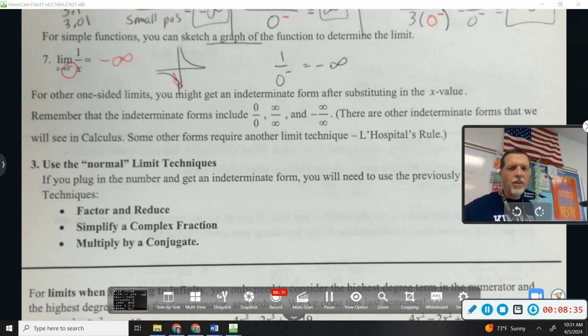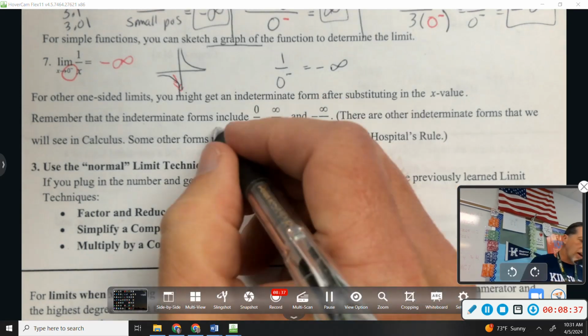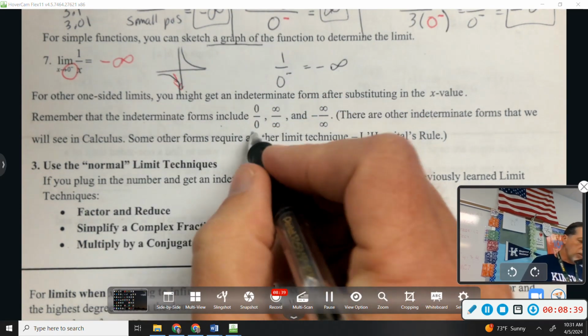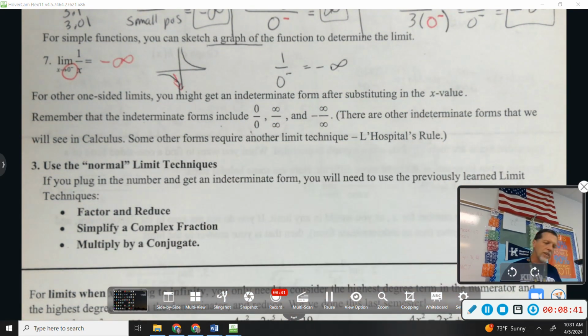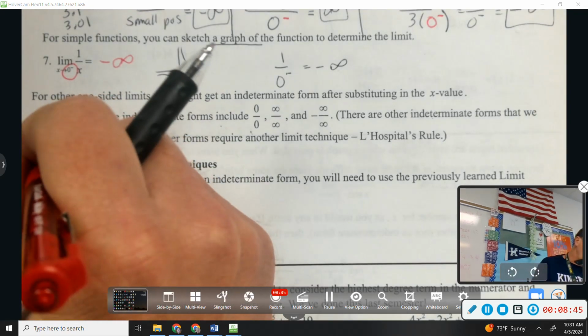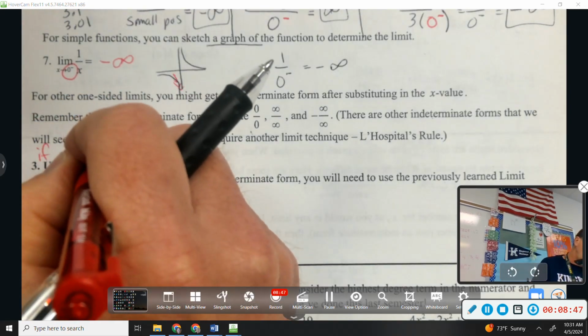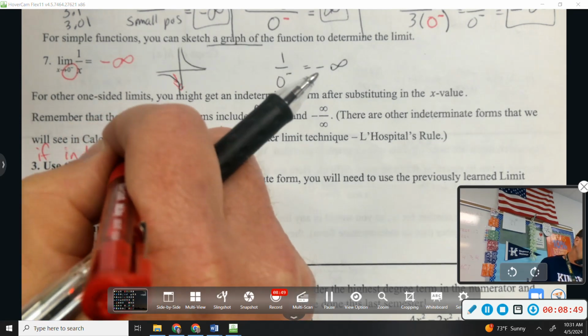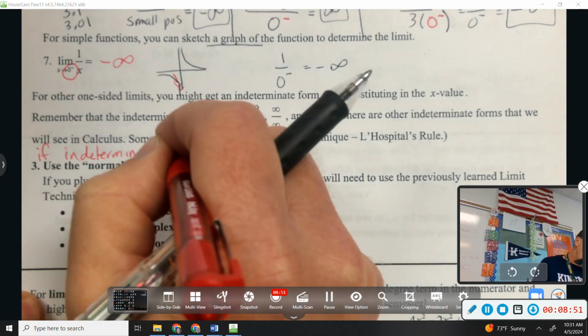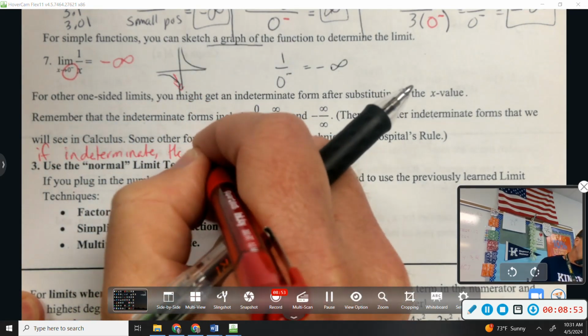Occasionally, you can do this and still get an indeterminate form. So 0 over 0, infinity over infinity. If that happens, it's the same rules. If indeterminate, then use our algebra tricks.